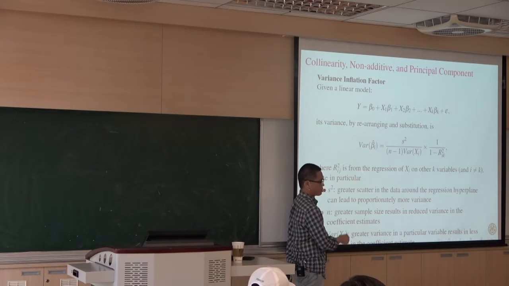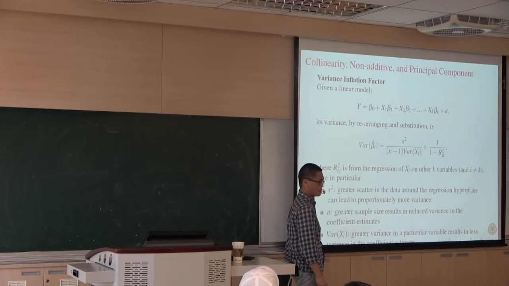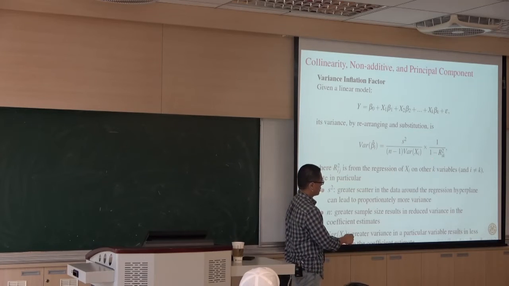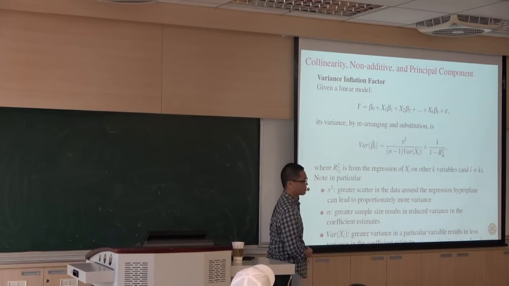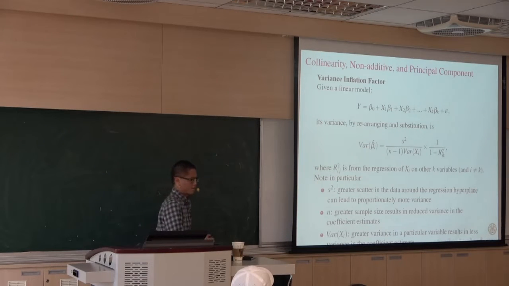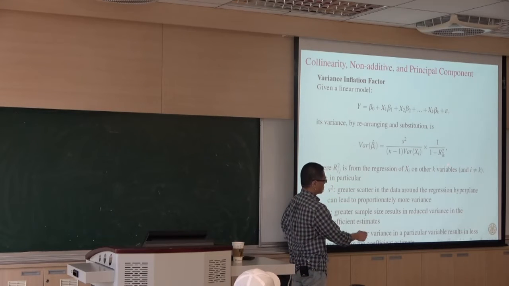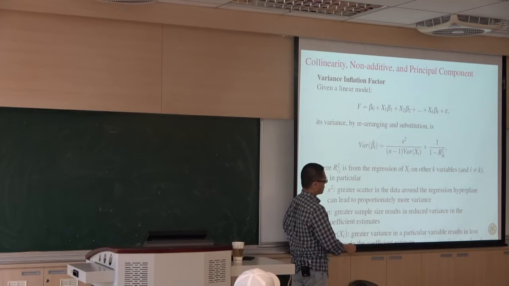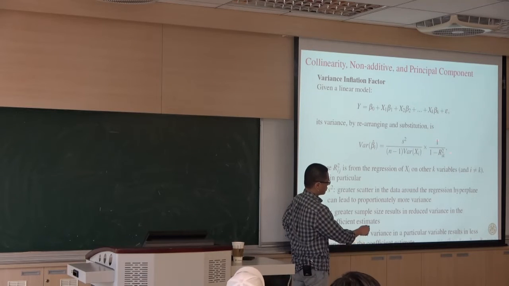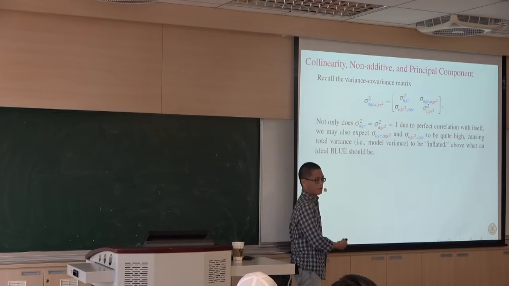You put i variable as your y variable, and you regress it on the other k variables. Then the R squared is the variance in xi accounted for by all other k variables. So if you have a really high R sub i squared, that means the variable is highly correlated with the other k variables. And this will inflate your variance estimate. Okay? Makes sense?